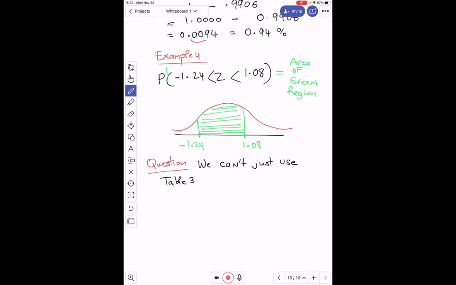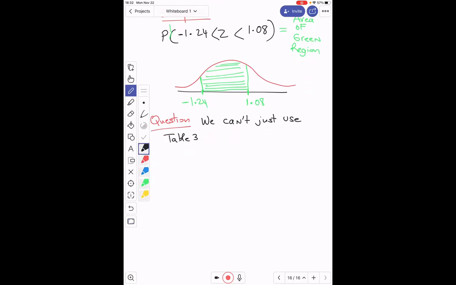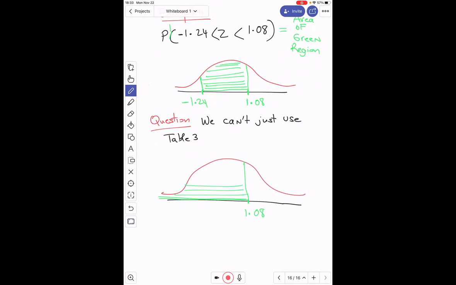So what I'm going to do is take the area to the left of 1.08. Here's my 1.08, and the area to the left of 1.08 is given by the table.